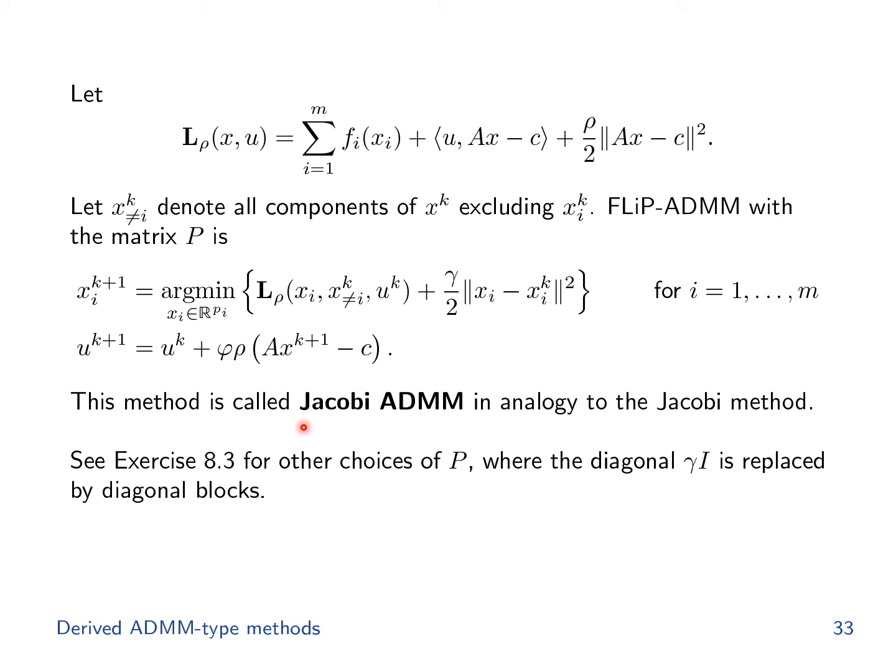So P here serves the role of linearization, and this linearization decouples the column blocks of A. We refer you to exercise 8.3 for other choices of P and the conditions of convergence.